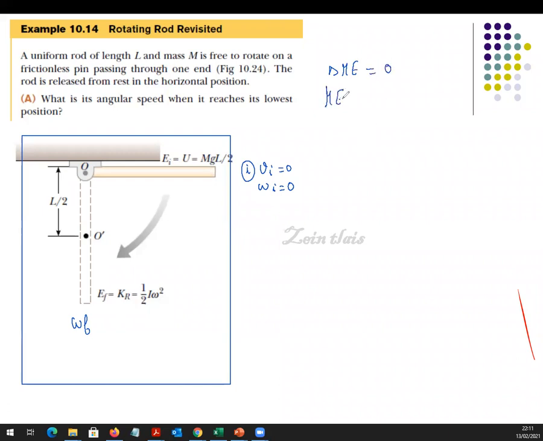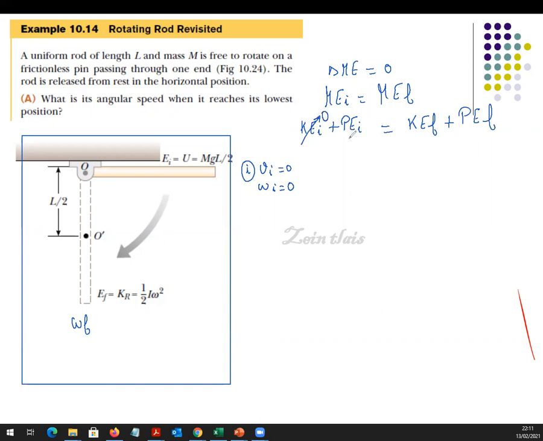So mechanical initial equals mechanical final. We can say initially we have kinetic initial plus potential initial equals kinetic final plus potential final. Initially, we don't have velocity, so kinetic equals 0.